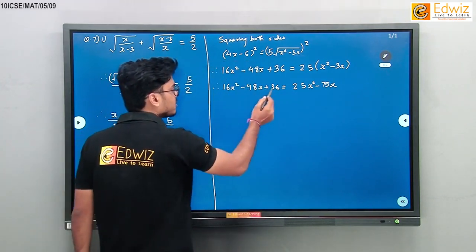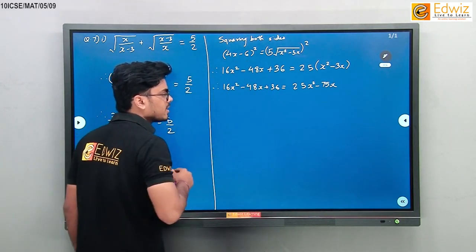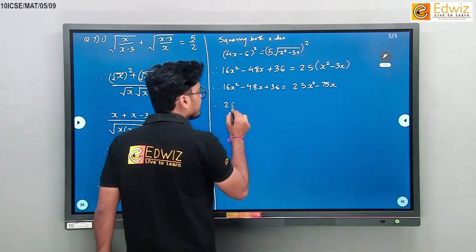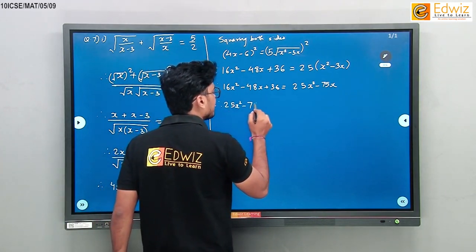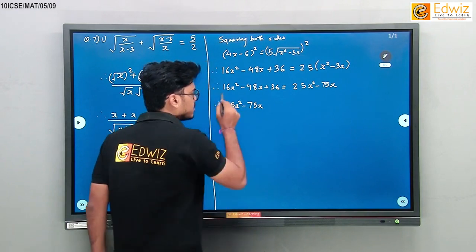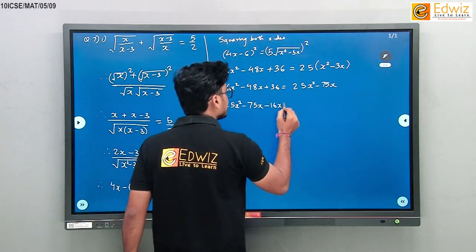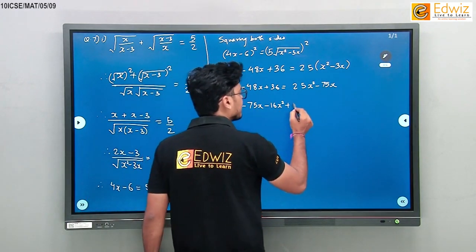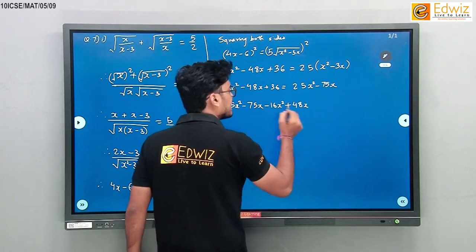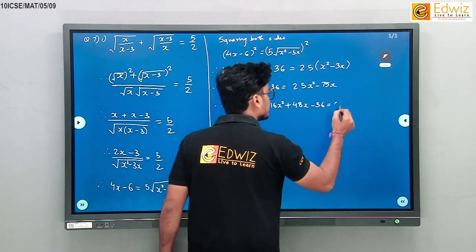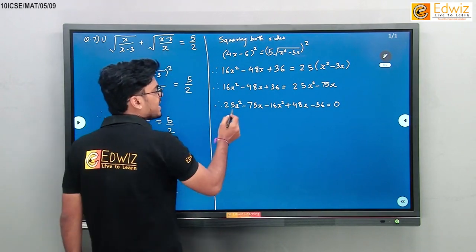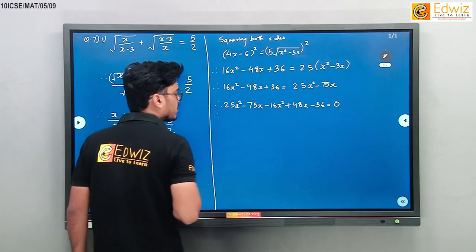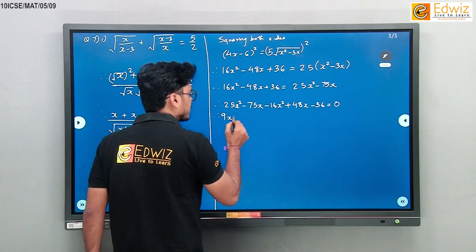Okay, change the sides of all these three terms, take them on the other side. So 25x square minus 75x is as it is, minus 16x square, sign is now changed, plus 48x and minus 36 equals to 0. Okay, 25x square minus 16x square, what will this be? 9x square.